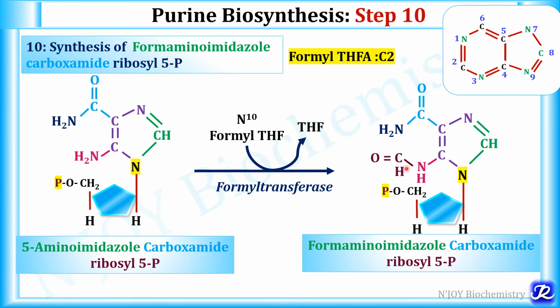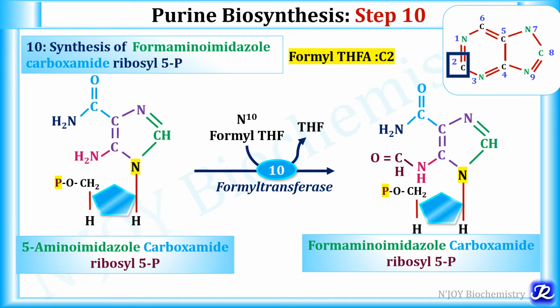And you can see here there is formation of formamido imidazole carboxamide ribosyl 5-phosphate. This carbon number 2 is contributed by formyl tetrahydrofolate in step number 10.